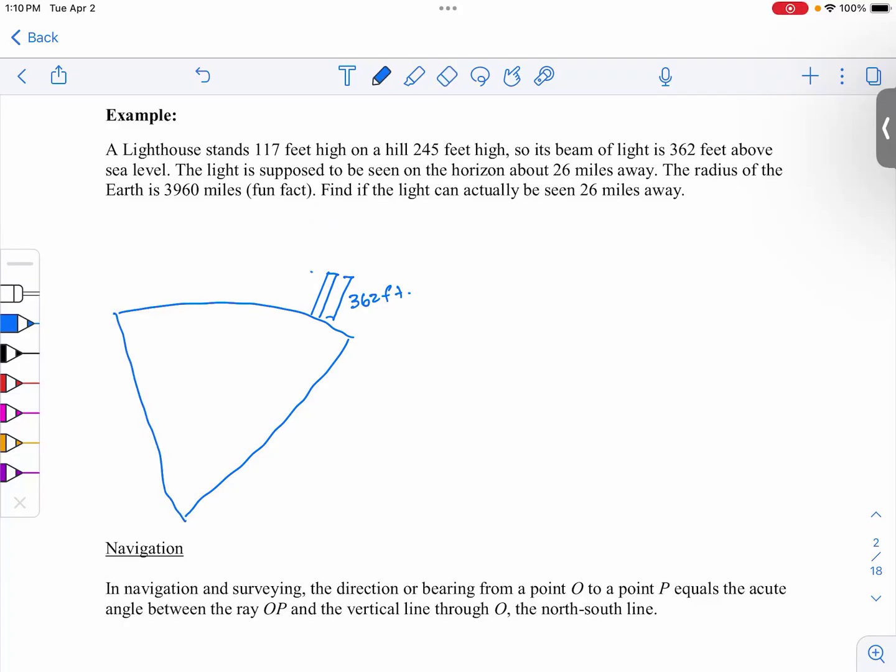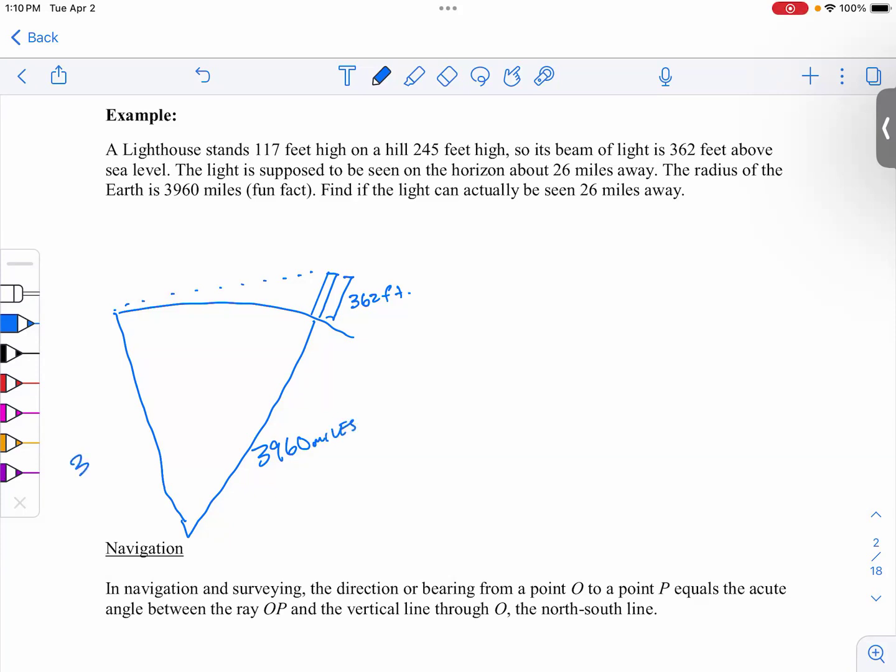And the idea is that distance we're hoping is 26 feet, but really our point is we are measuring that distance. So just for emphasis, we know that is 3960 miles.